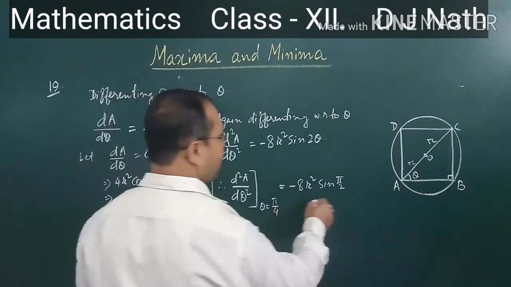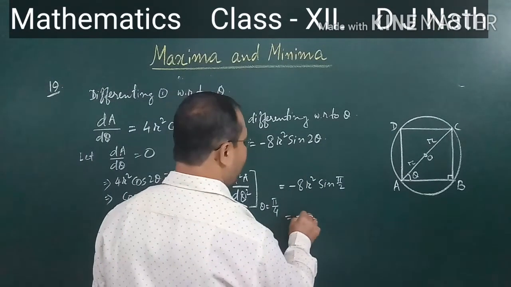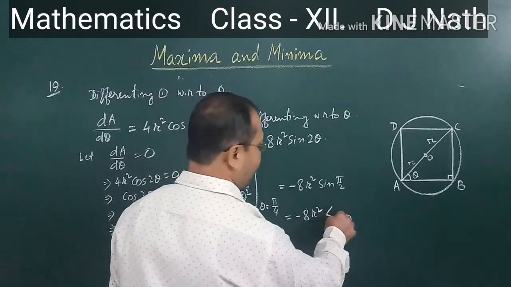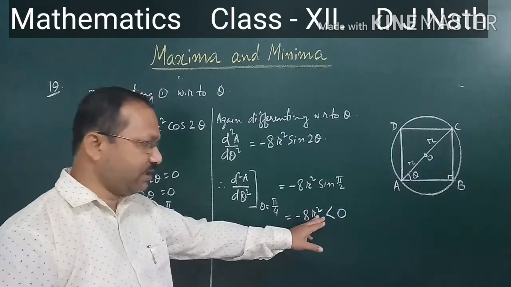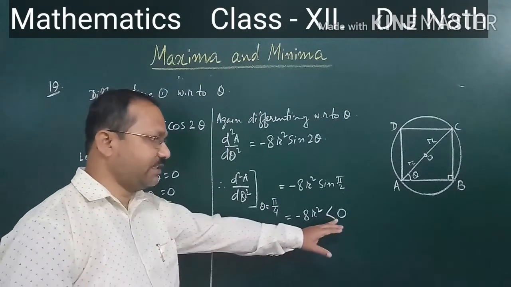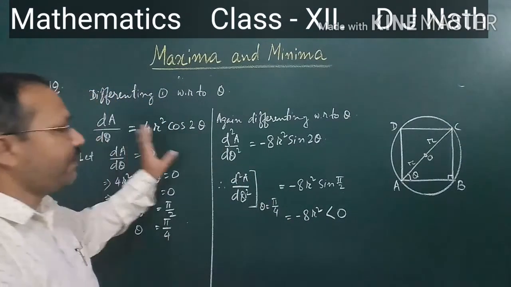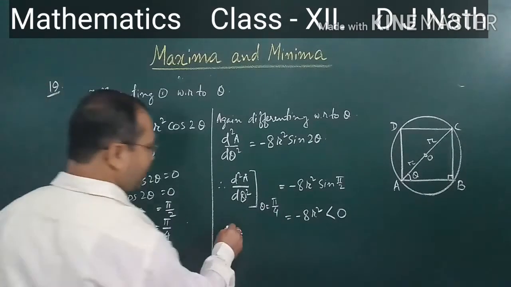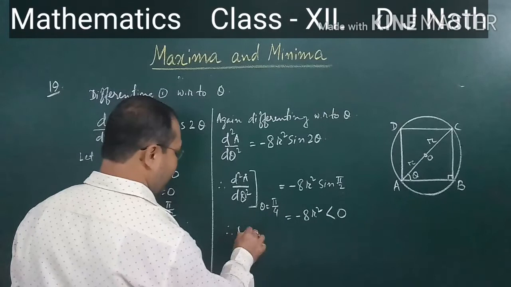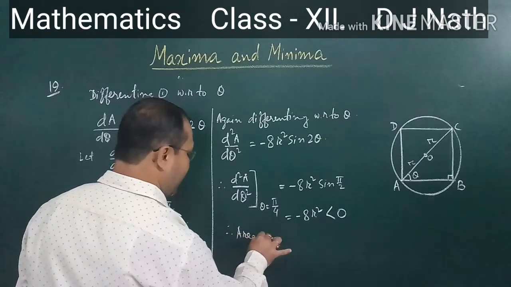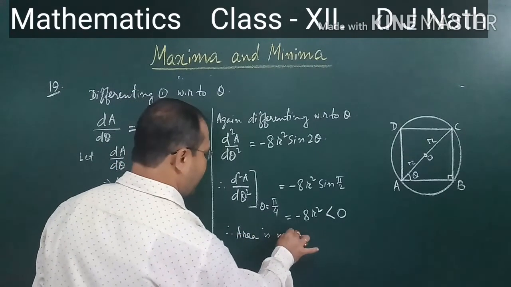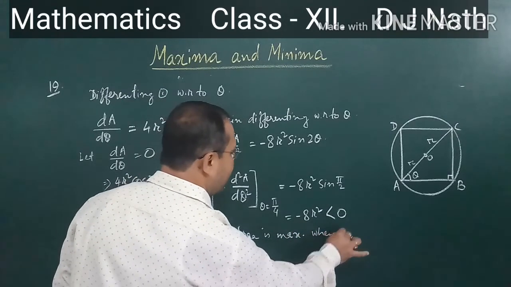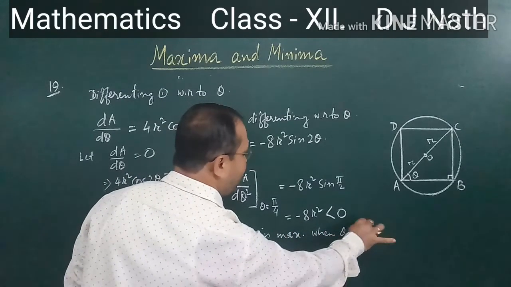So this is equal to minus 8r square. It is negative, so it is less than 0. Therefore area is maximum when theta is equal to pi by 4.